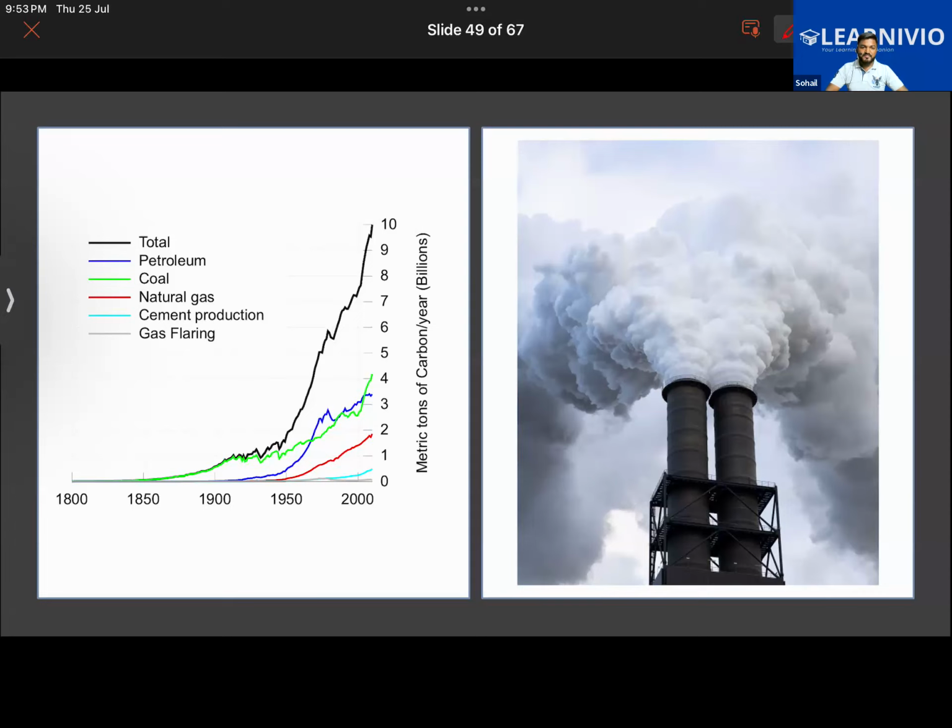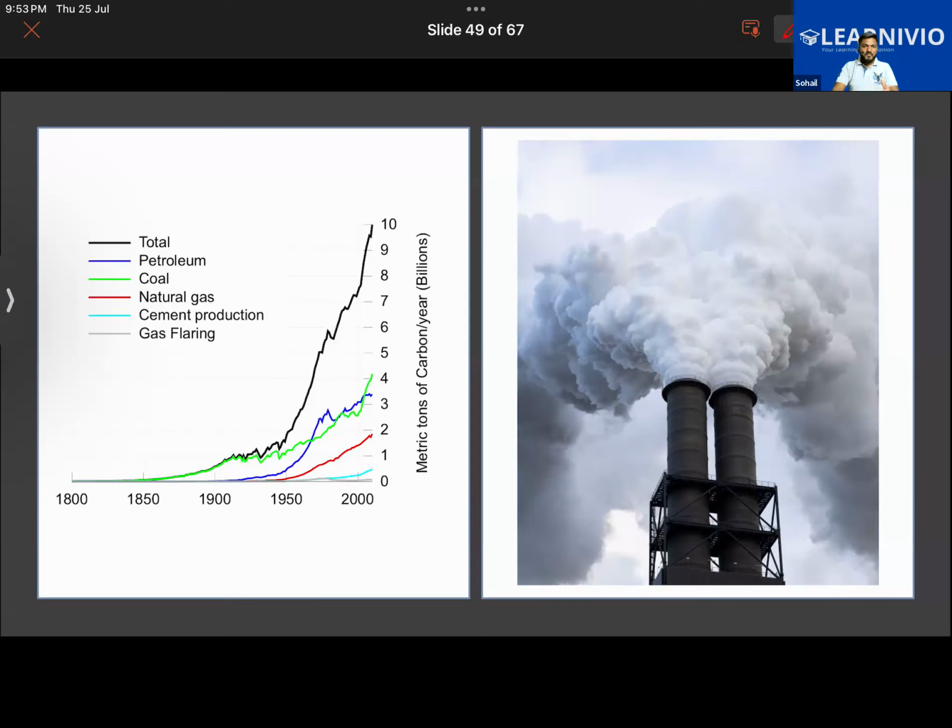For example, on average, a person living in the United States would be releasing, due to his different activities, about 16 tons of carbon dioxide or methane gas in his or her lifetime. Getting it? What I'm trying to say?